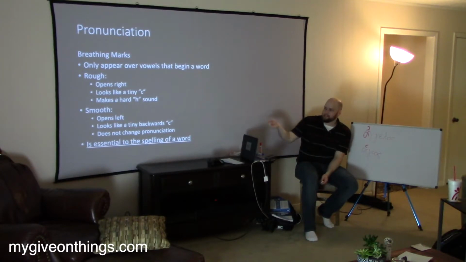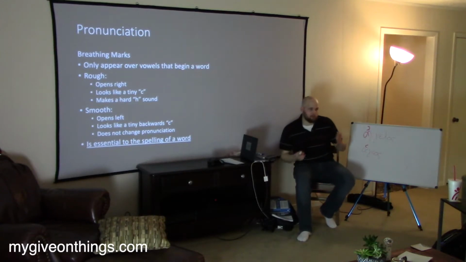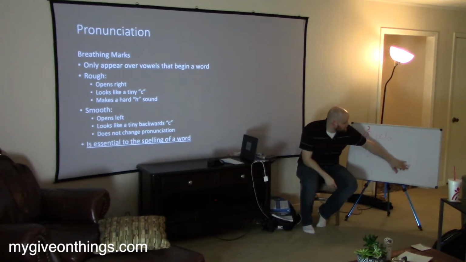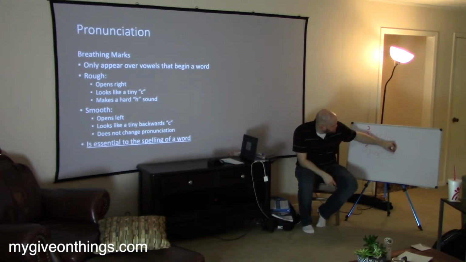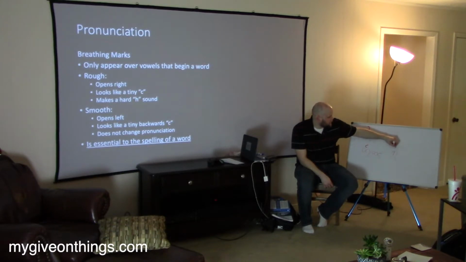Last point though, it is essential to the spelling of a word. There are some words that are spelled the exact same way, and the only difference is whether it has a rough breathing mark or a smooth breathing mark. A very common example that trips a lot of Greek students up after about year one is the word he. This is a word on its own, and if it has a smooth breathing mark, it means one thing.